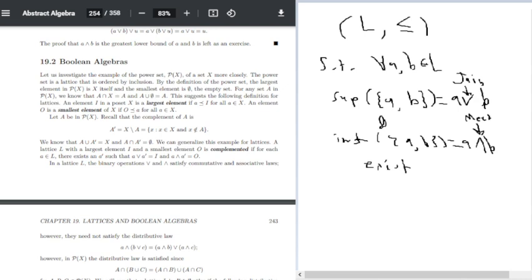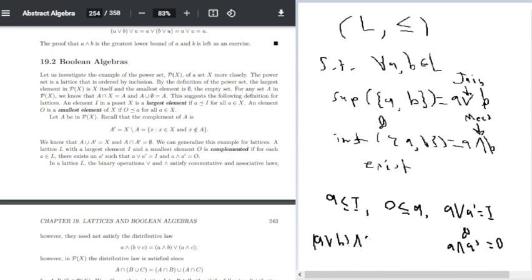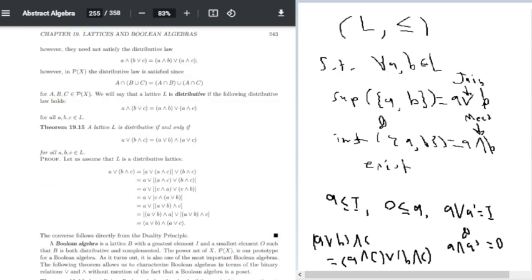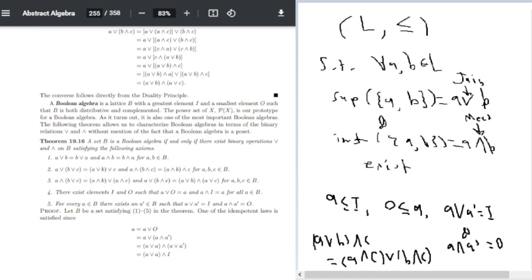Largest element: we want an element I such that A is less than or equal to I. We want an element O such that O is less than or equal to A. And we want, for every A, there to exist some A prime such that A join A prime is equal to I and A meet A prime is equal to O. And it satisfies the distributive law, that A join (B meet C) is equal to (A join B) meet (A join C).